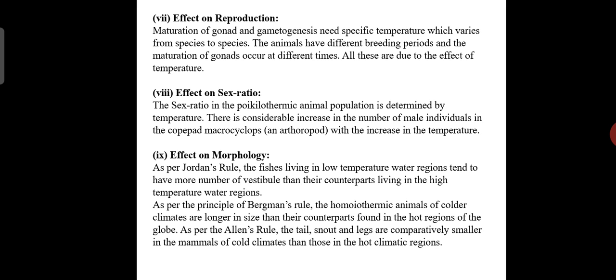Maturation of gonads and gametogenesis need specific temperature, which varies from species to species. The animals have different breeding periods and the maturation of gonads occurs at different times. All these are due to the effect of temperature.